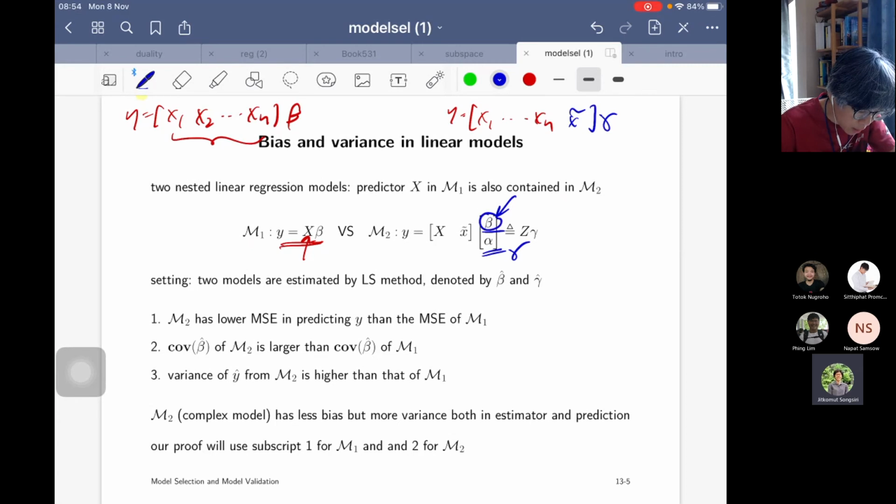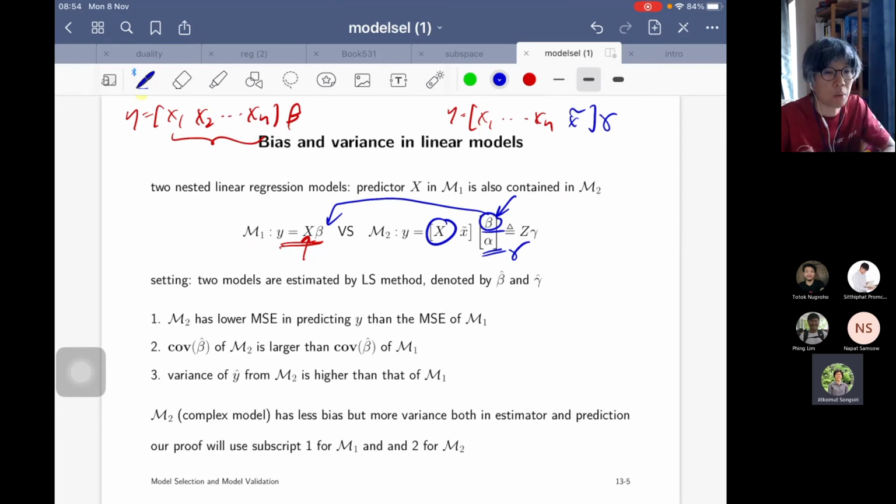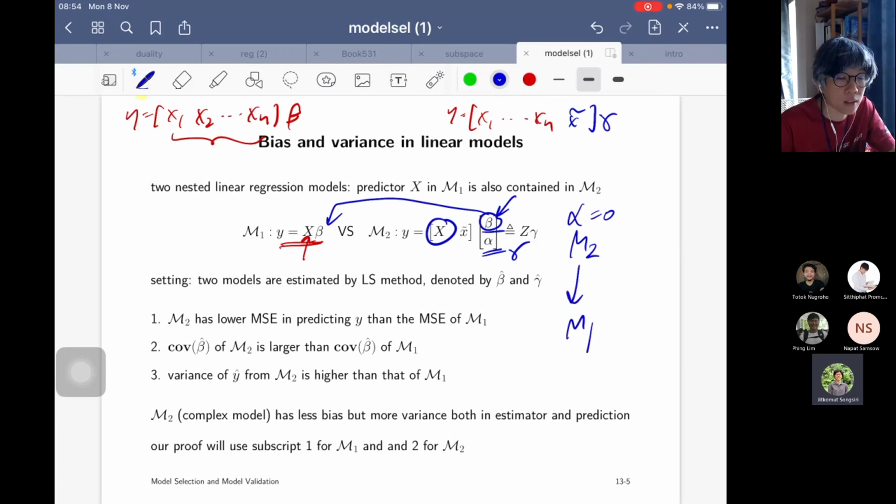Actually, this beta has the same meaning as beta in the first model, because it is the coefficients of the first group of predictors. When alpha is 0, of course, your model 2 reduces to model 1.